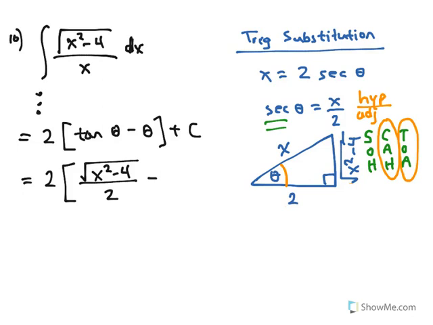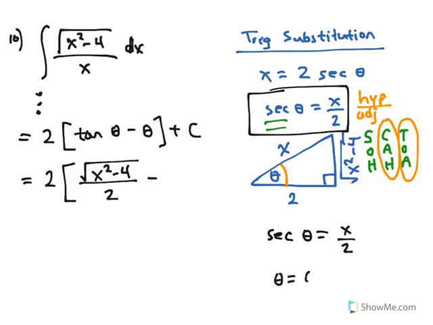This is not unique, but it is most straightforward to use your trigonometric substitution. So you have secant theta is equal to x over 2. You can take the arc secant of both sides of this equation, and you get theta is equal to the arc secant of x over 2. And again, as I said, this is not a unique way of going back to x for this particular term from our antiderivative, but it is the most straightforward way, starting with our trig substitution and taking arc secant.